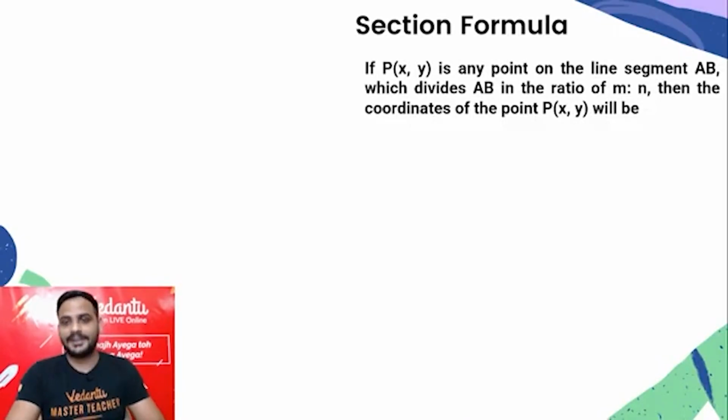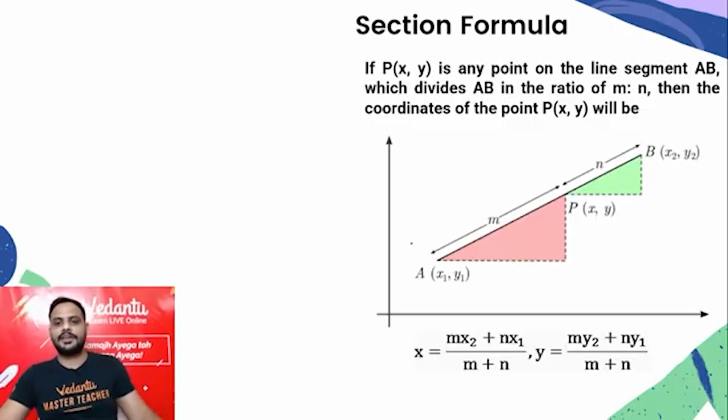Now let's come to the next topic, which is the section formula. The section formula is used when I give you the coordinates of point A, x1 comma y1, and point B, x2 comma y2, and a point P such that AP upon PB, the ratio in which P divides it, is m is to n.